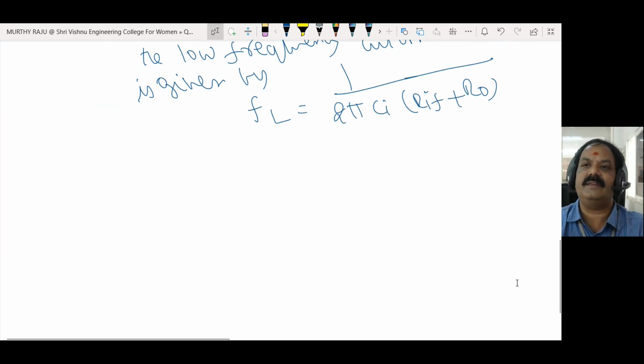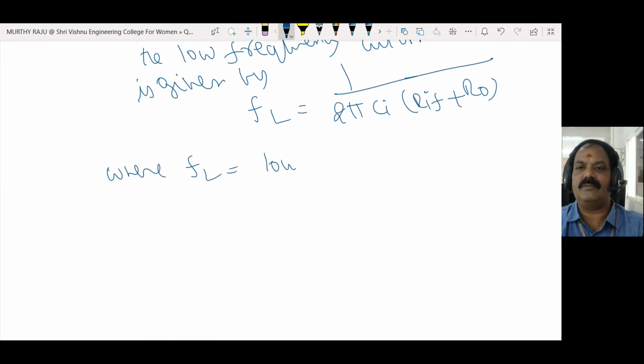This is the cutoff frequency where FL is the lower cutoff frequency, the low end of the band.